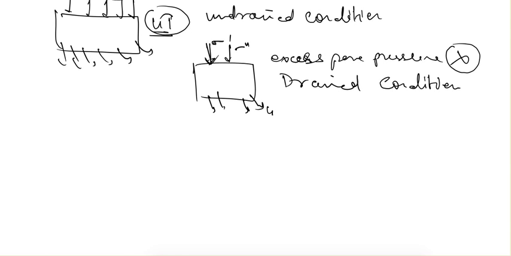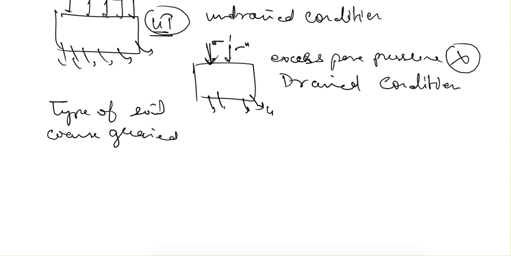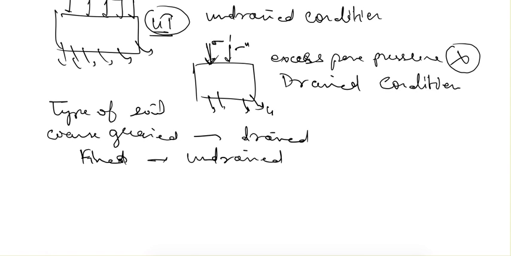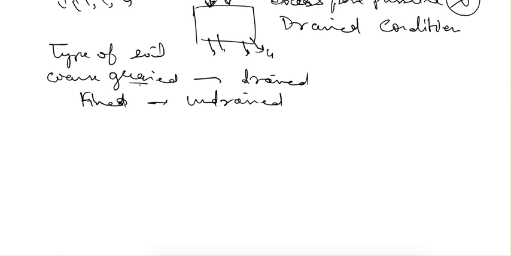And depending upon the type of soil, if it is a coarse grained soil, mostly drained condition will be there, and if it is fine grained such as clay, undrained condition will be there. But it is also possible that for coarse grained soil undrained condition exists.